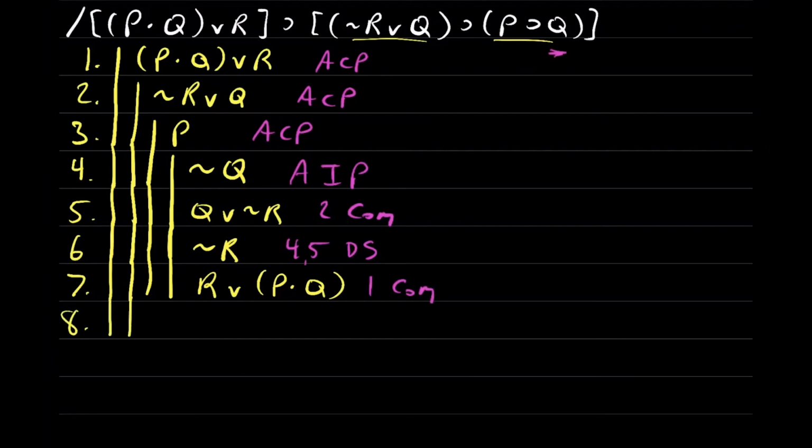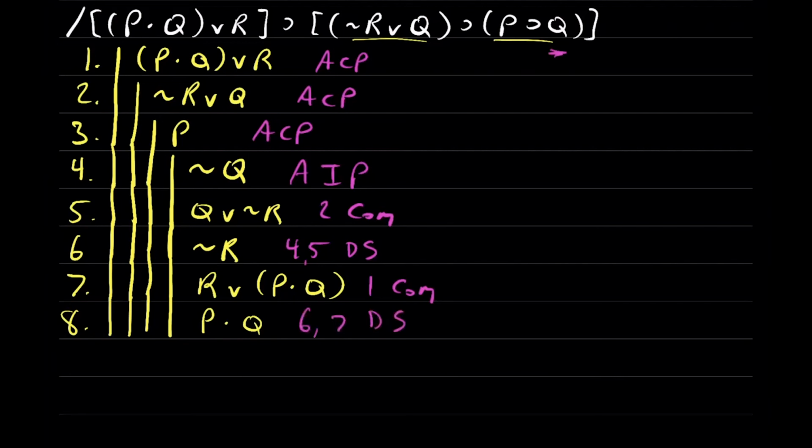Line 8, bring these vertical assumption lines down, all 4 of them. Well, we know we have the negation of one of these disjuncts, the one on line 7, so we can get P and Q from that. And that's going to follow now from lines 6 and 7 by disjunctive syllogism.